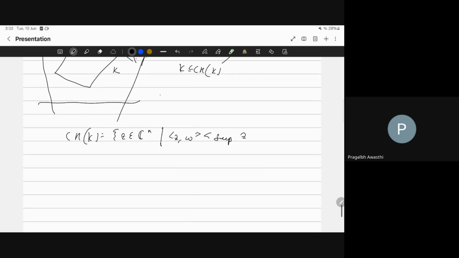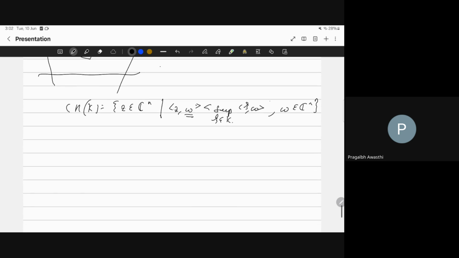So the supremum of xi comma w for all xi belonging to K. This is for a fixed normal vector w, but we can vary over all hyperplanes. So this is for all w belonging to Cn. So this is also the convex hull of K in Cn.